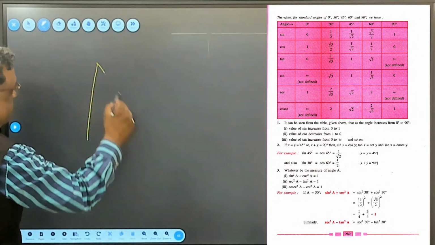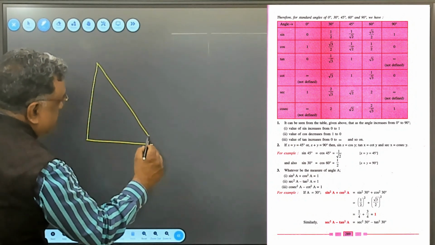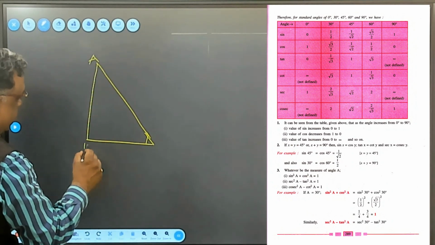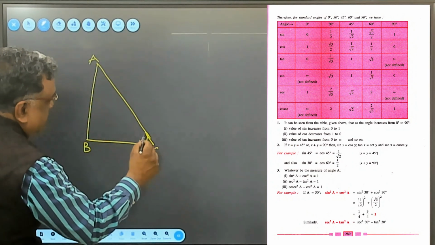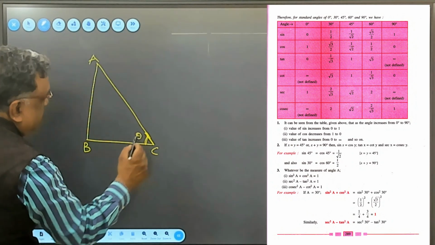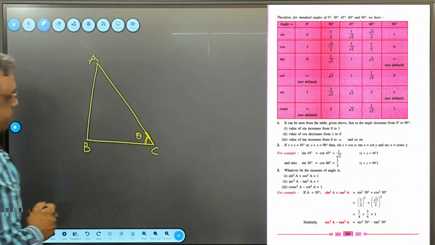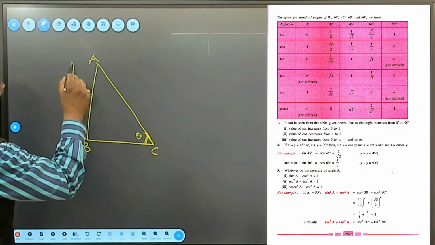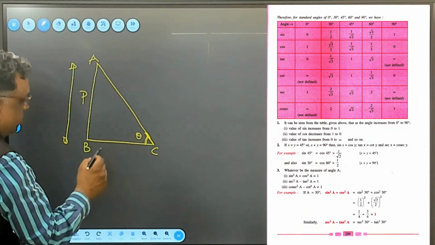I will draw a basic triangle A, B, C. I will name this angle as theta. Now this side I will call it as a perpendicular side or opposite side to theta.